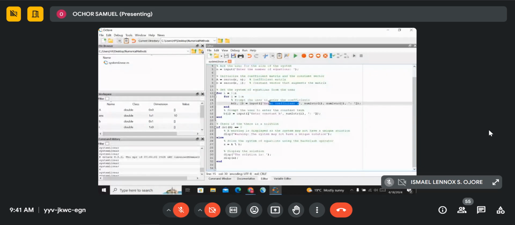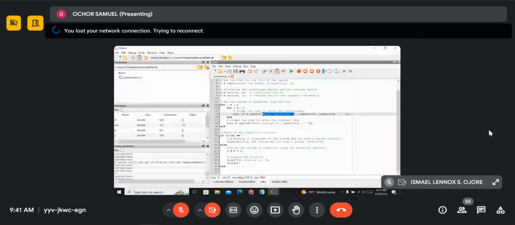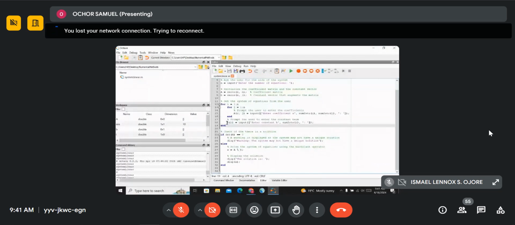So you are muted. Okay, I'm sorry. I hope you can hear me. Convert this integer to a string so that you can append it to this string, because those are two different data types.